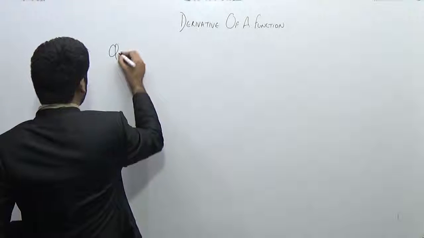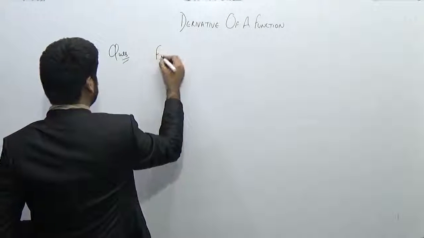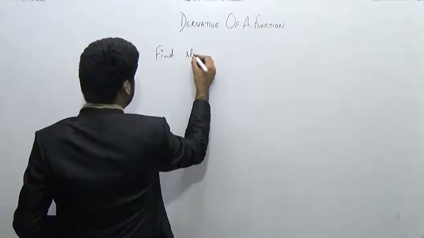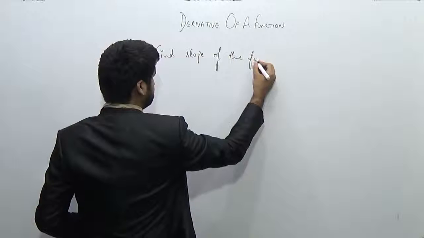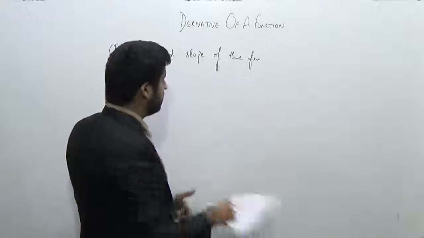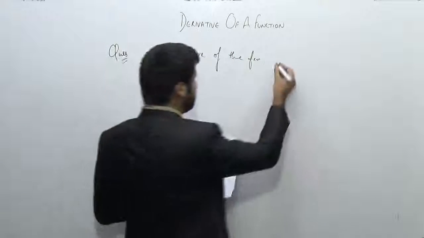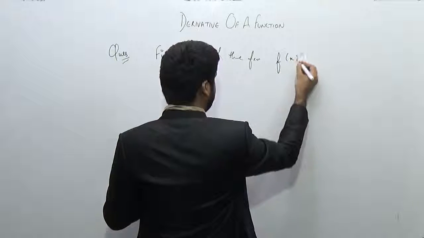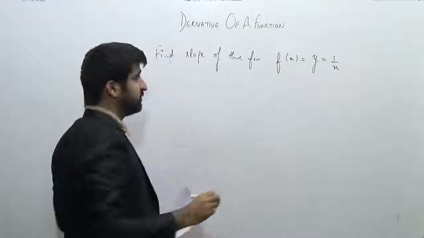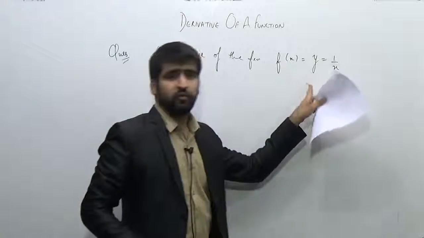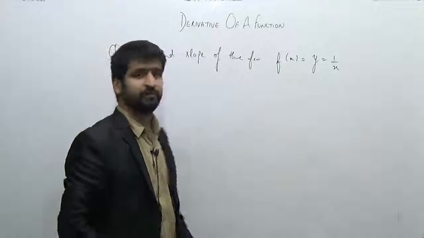So the question is: find the slope of the function. Here fxn is my short form for function. The function is f(x) is equal to y is equal to 1 upon x. Now this is a very common doubt everybody gets: why am I saying that f(x) is equal to y?